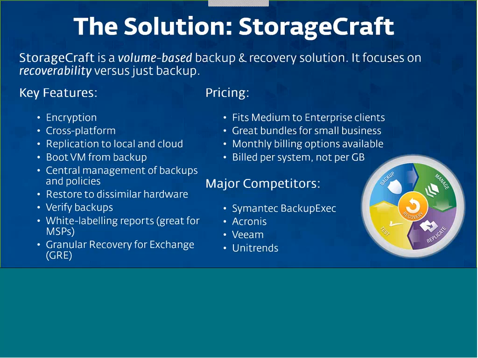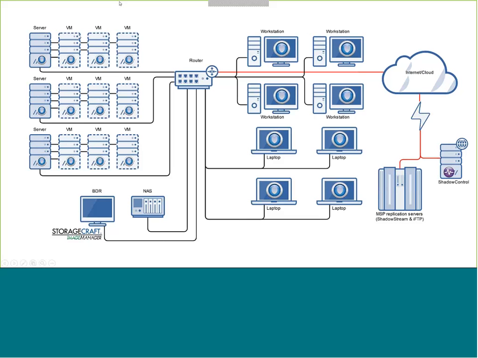So I just want to show everyone a quick diagram to show how a typical StorageCraft deployment would look. What you're looking at the moment, let's say this is client A, and you can say that there's another environment that looks similar, client B, client C, and so on. So this would typically represent their network, and maybe they've got a couple of servers.